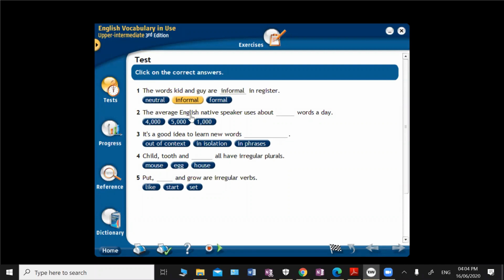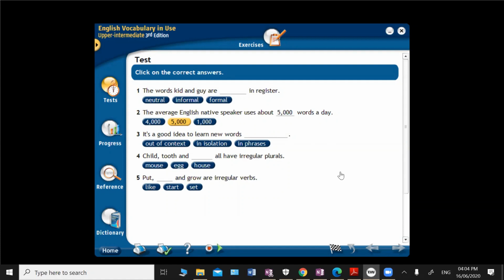Okay. Now, number 2, the average English native speaker uses about 5,000. Someone says 5,000. I will choose this word 5,000. And I will write it down, 5,000.